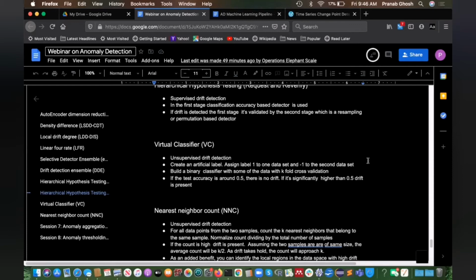When the accuracy is high, that means the data set on the right originates from a different distribution, so there is concept drift.